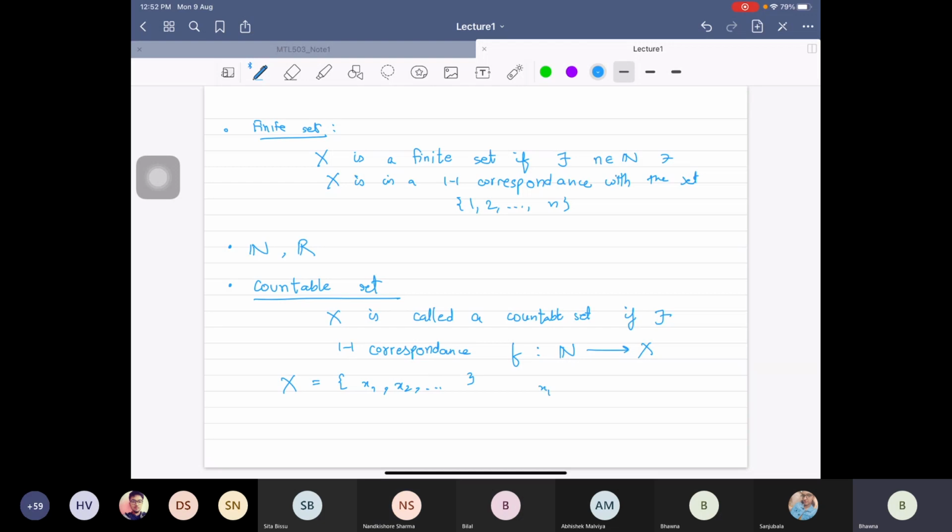Here xi is basically f of i. And this f is called an enumeration of X.